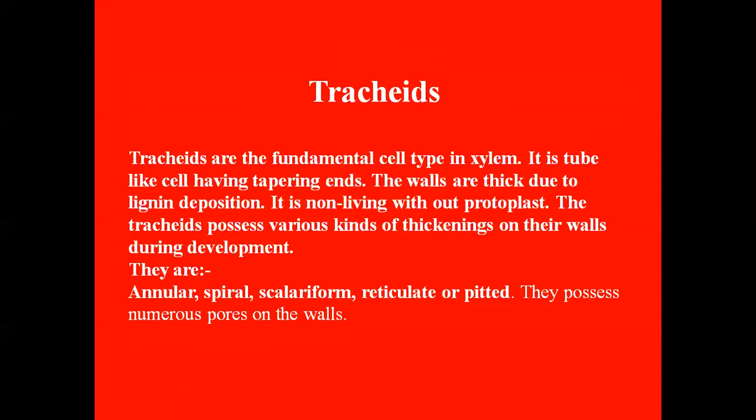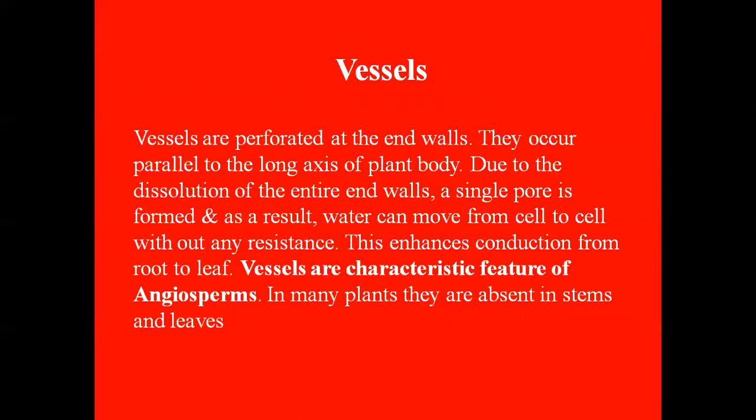The tracheids possess various kinds of thickenings on their walls during development. The tracheids are classified as annular, spiral, scalariform, reticulate, or pitted. They possess numerous pores on the walls.